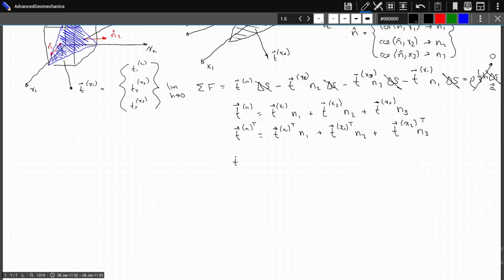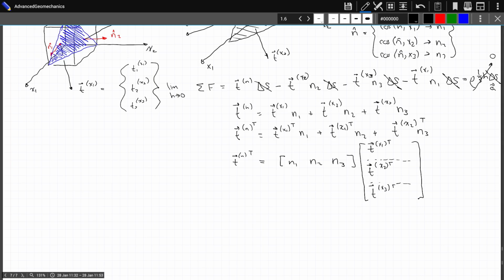So then I have T. Okay, so this is just writing that in matrix or vector form.